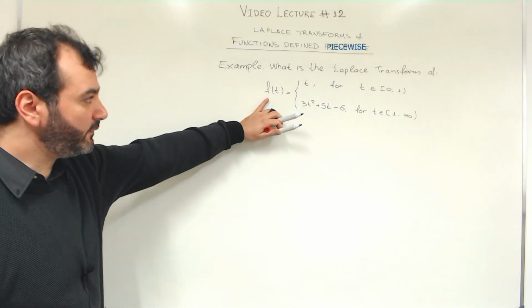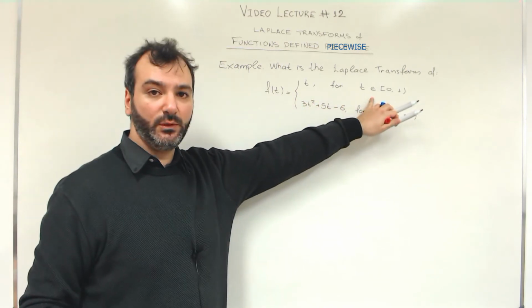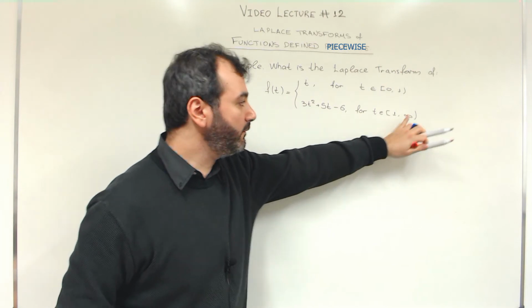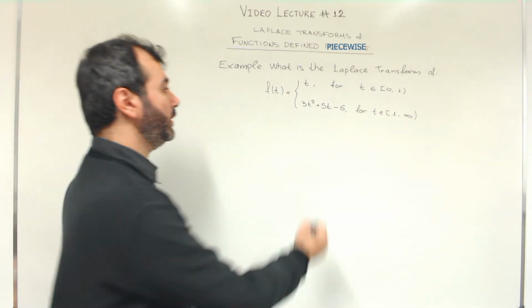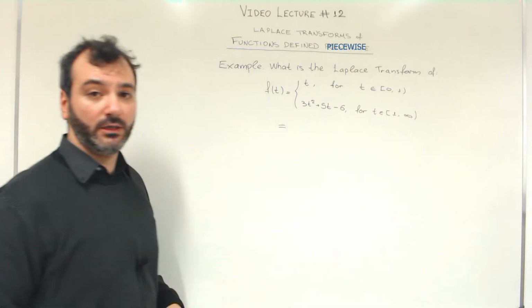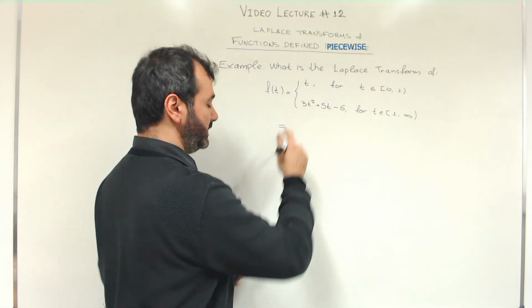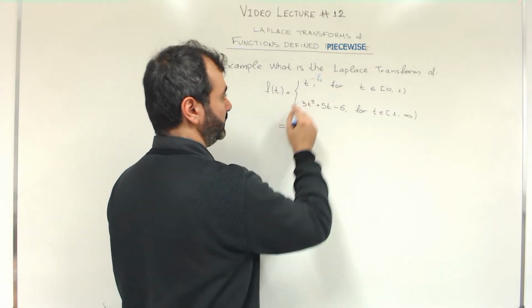We have a function f of t, which is t for t between 0 and 1, and then this polynomial for t above 1. We know we can write this using the Heaviside function. So this is f1, this is f2.